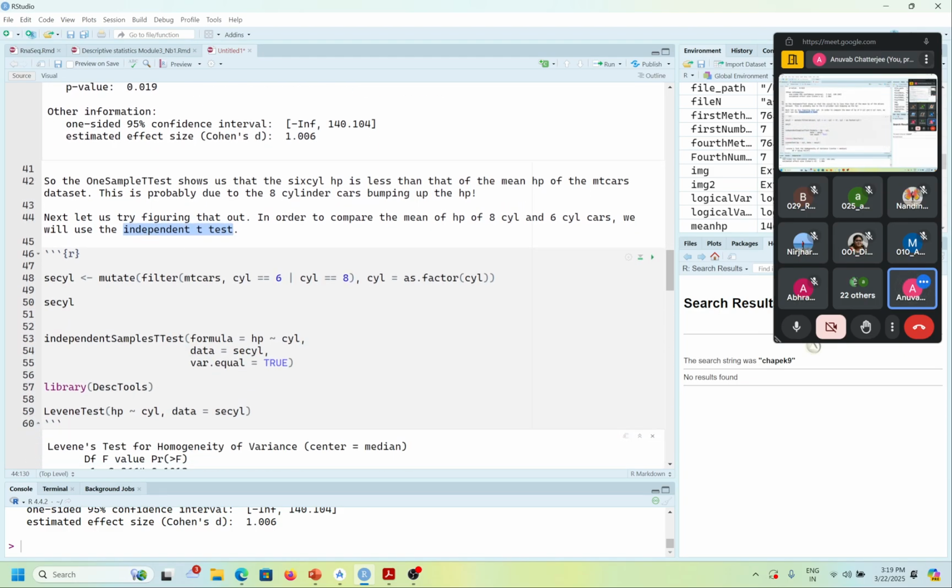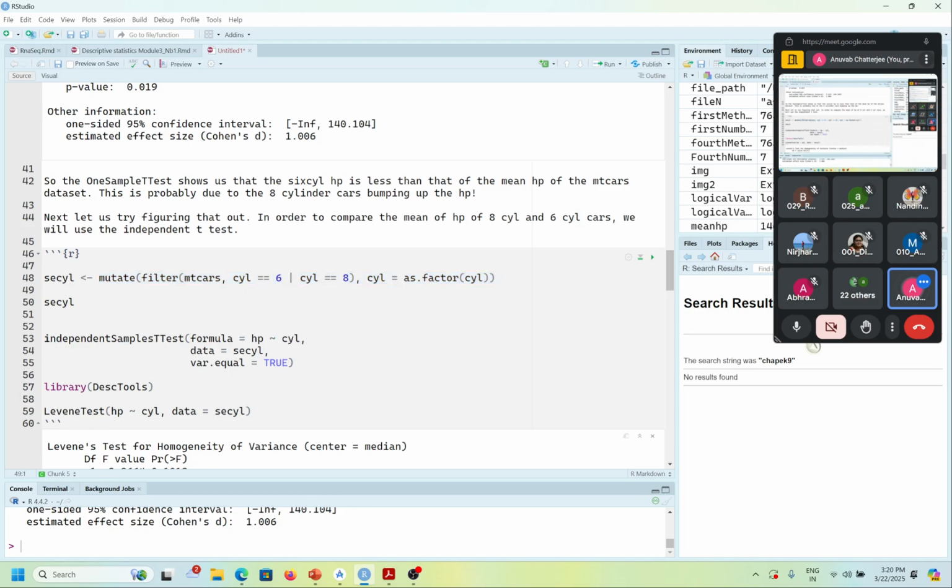So to use the independent t-test, the first thing that you have to do is take the two groups and make one table out of them. So first we filter the mtcars dataset and only take the two groups that we care about, the 6-cylinder group and the 8-cylinder group. And then we mutate this dataset to set the cylinder as factor, because as I said, the t-test only takes factor variables.